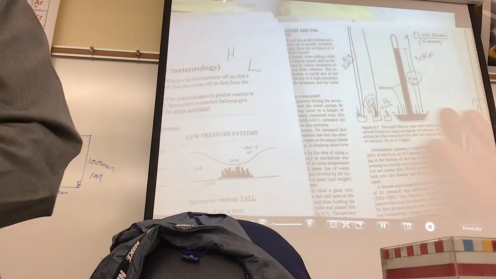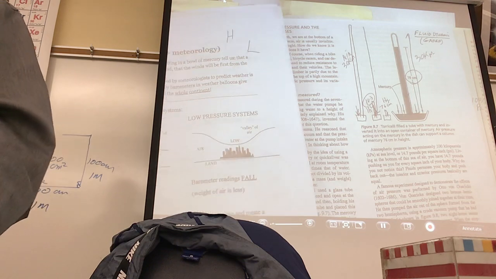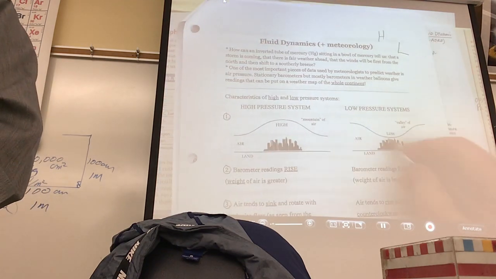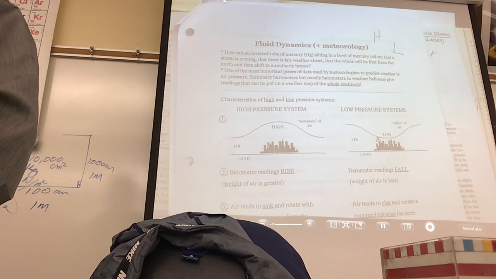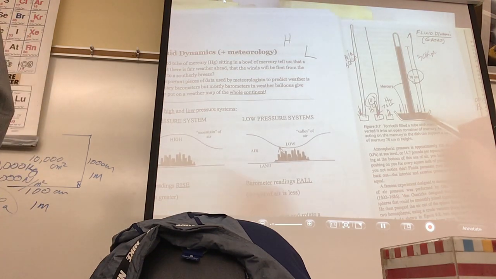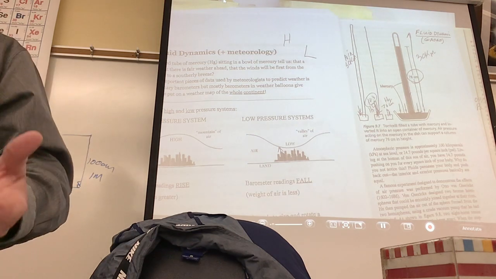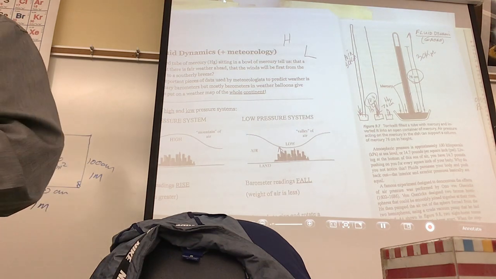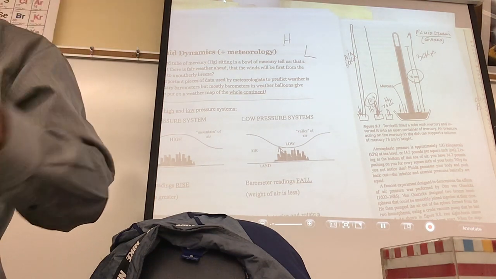What if the weight of air above Greensboro weighed less than normal? Then it would push on this mercury less. They say the barometer is falling, then you have a low pressure area coming across Greensboro.